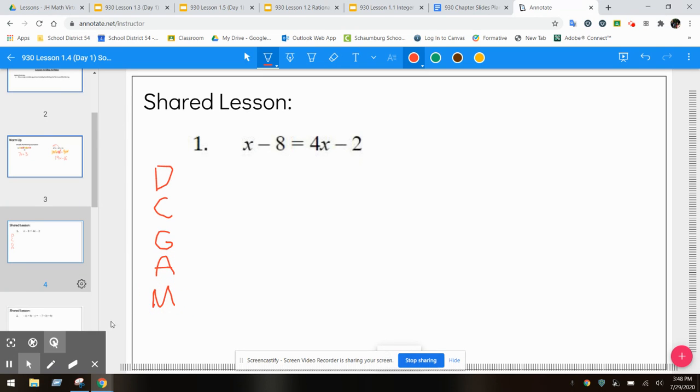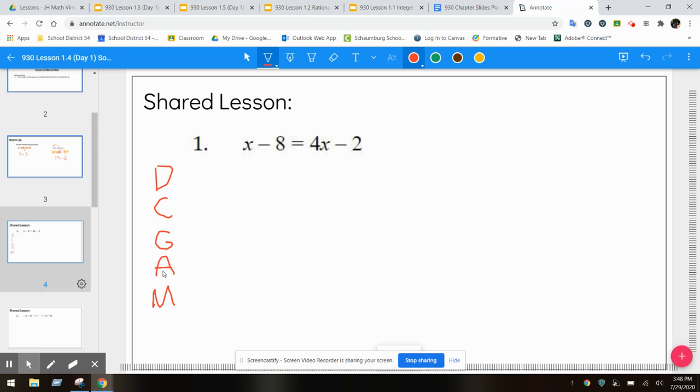And these are the steps I always take to solve any multiple step equation. And what these letters stand for is pretty simple. D is distribute, C is combine like terms, G is get the variable on one side, which is something that we're going to do for the first time in these lessons. A is add or subtract your constant, and M is multiply or divide by your coefficient. And if you follow these steps, you will be able to solve pretty much any equation that you come across.